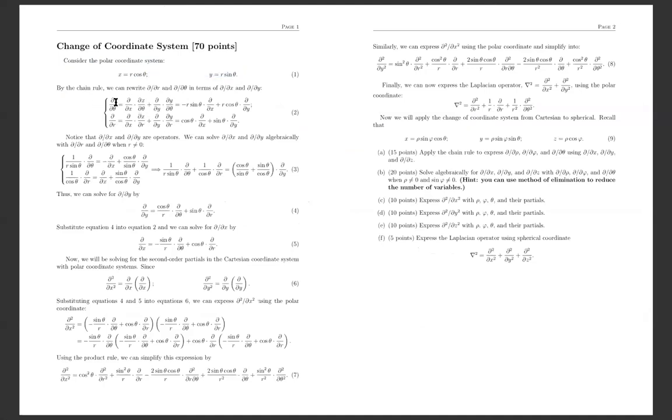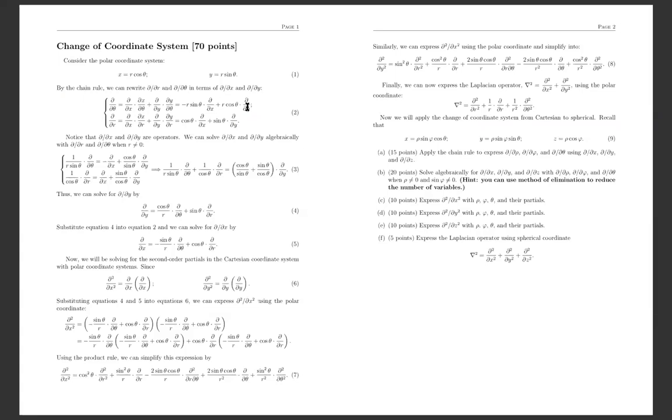By the chain rule, you can represent partial theta by partial x and partial y, same thing as partial r here. So you represent partial theta using partial x and partial y.